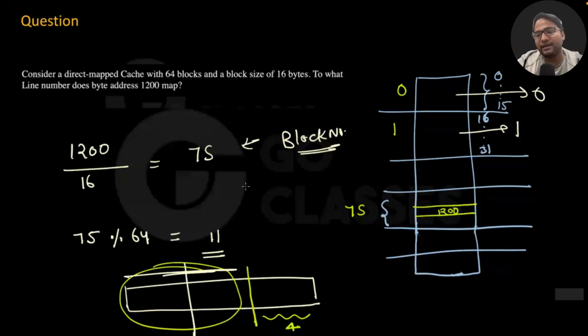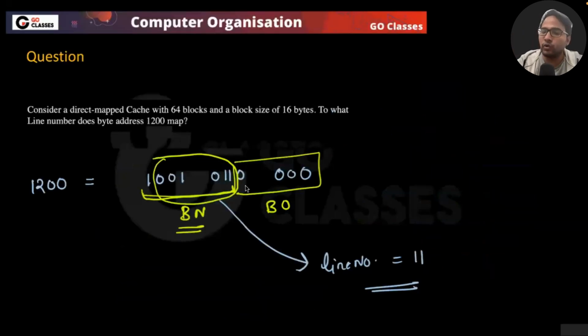In binary, I agree, things are very easy, but you should know how things happen from first principles, because in GO Classes test series you will see questions from first principles. Let me tell you one instance: in All India Mock Test 1 I put a similar question in operating systems, a simple conversion, just with the number given in decimal.